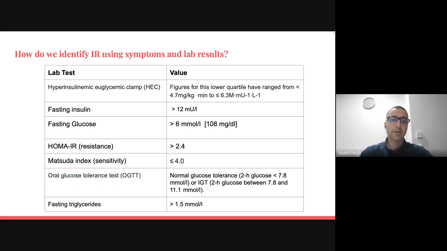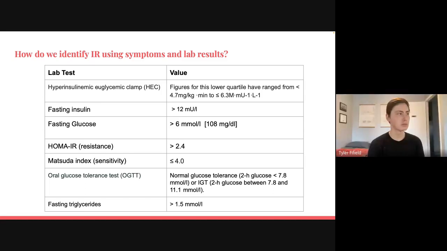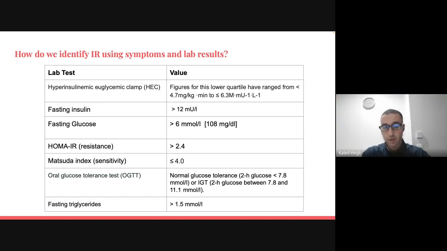Fasting triglyceride is the non-glucose area in which we can spot insulin resistance. It correlates strongly to HOMA-IR, and there is even an index which measures fasting triglyceride in relation to fasting insulin and so on. So it's a very useful tool, also pretty easy to acquire. So definitely in our top list of symptoms and lab results.